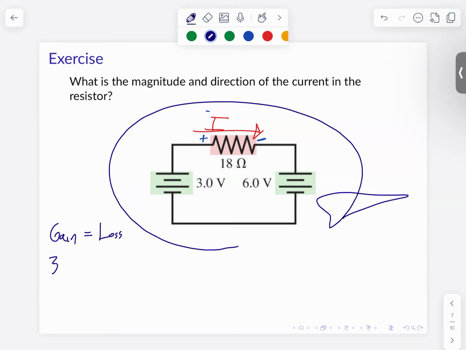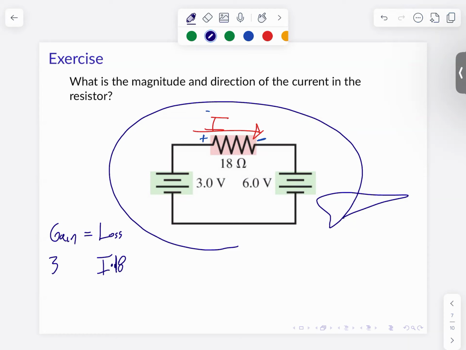Voltage equals current times resistance. If I've got the resistance of a resistor and I want the voltage of a resistor, V equals I times R. Anytime you have a resistor and you want the voltage across it, V equals IR.